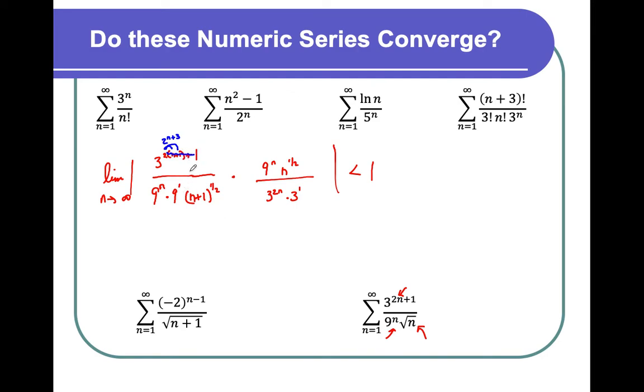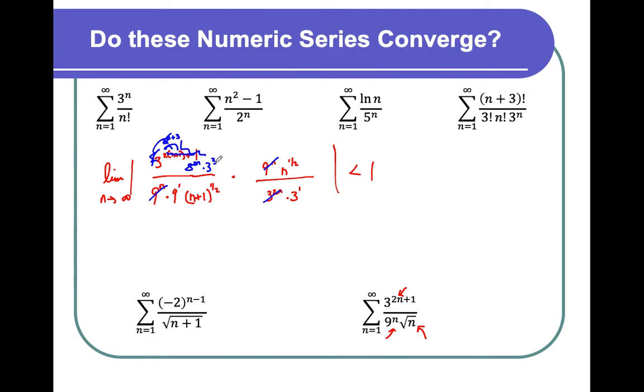But isn't that 3 to the 2n times 3 to the 3rd? And you see why I wanted to do that? I wanted to rewrite all of this because now I can say 3 to the 2n crosses out with 3 to the 2n. 9 to the n crosses out with 9 to the n.